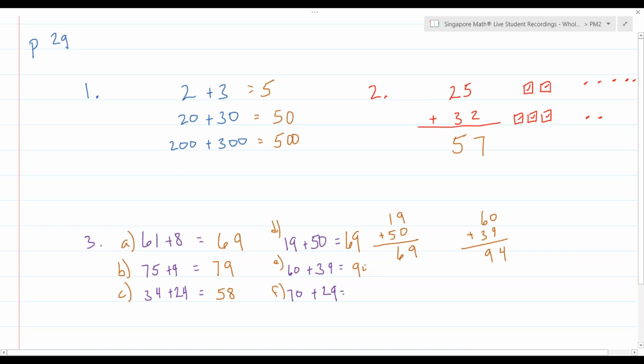So the answer is 94. Last one, 70 plus 29. If I add 0 and 9, I get 9. Add 7 plus 2, I have 9. So 70 add 29 ends up being 99.